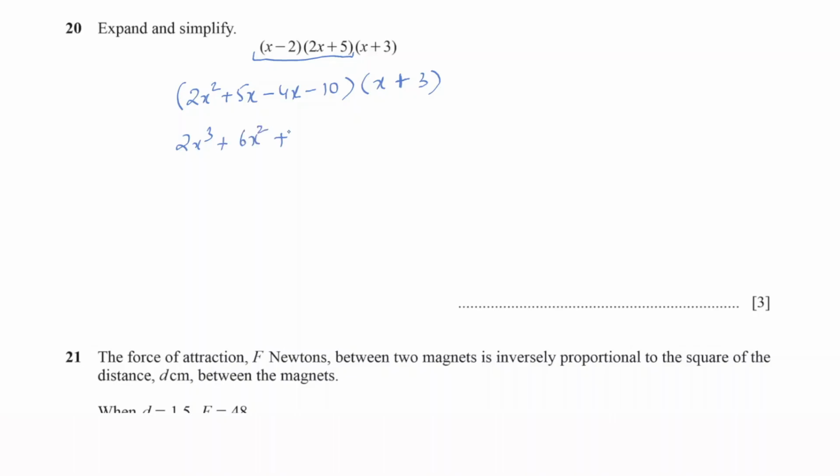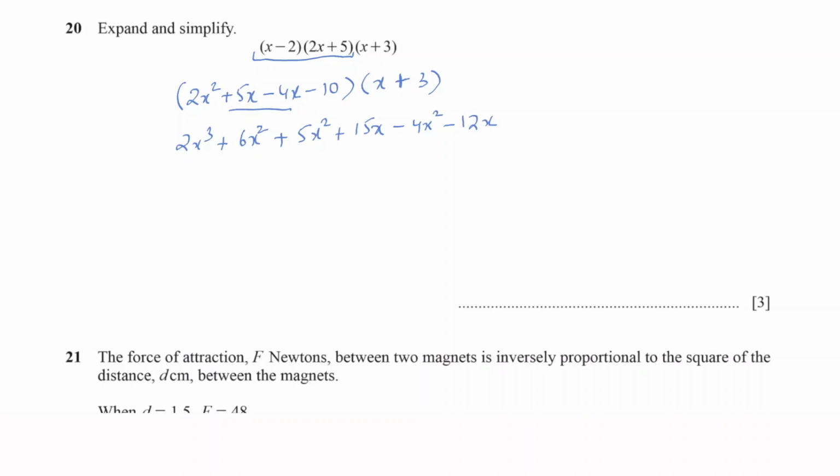Then I jump to 5x. So 5x into x is 5x square. Then 5x into 3 is 15x. Then minus 4 into x is minus 4x square. Then minus 4 into 3 is minus 12x. I could have done it the other way also, but that will also give us the same answer, that's not an issue.